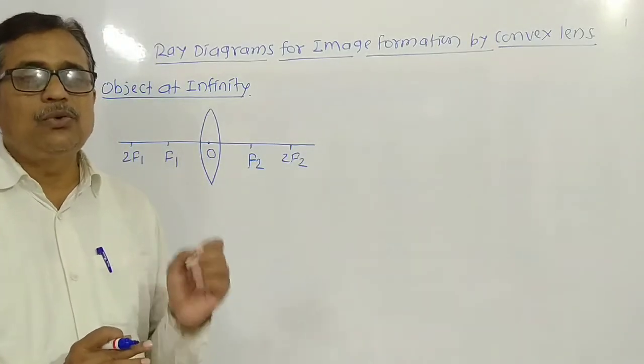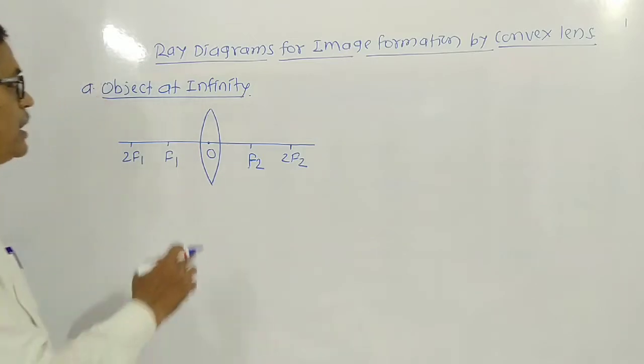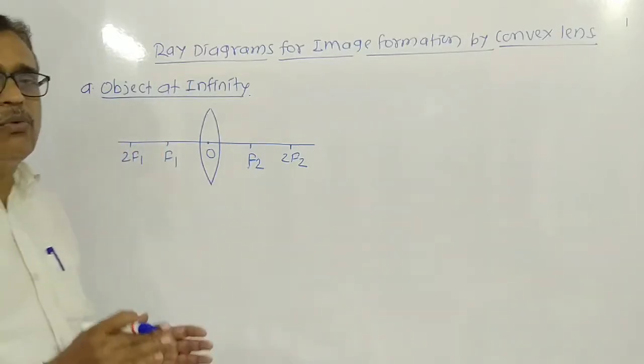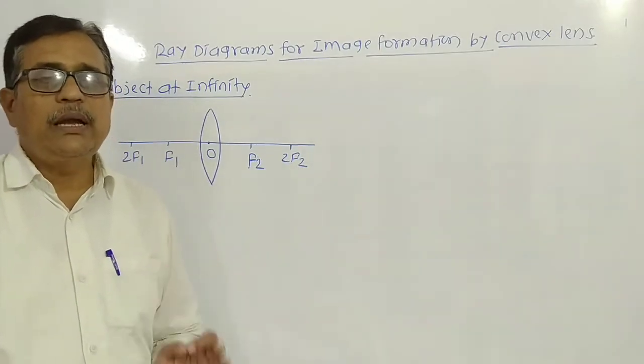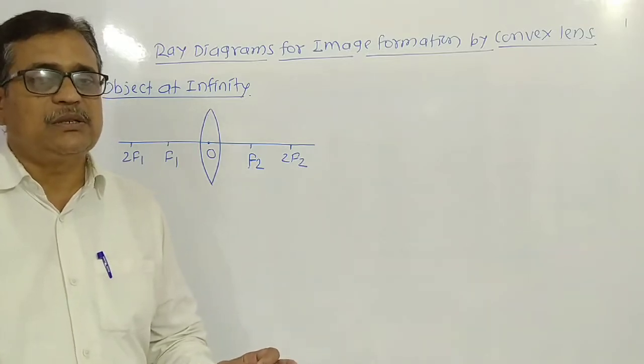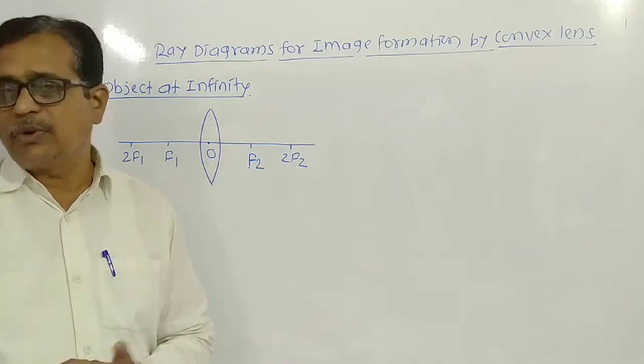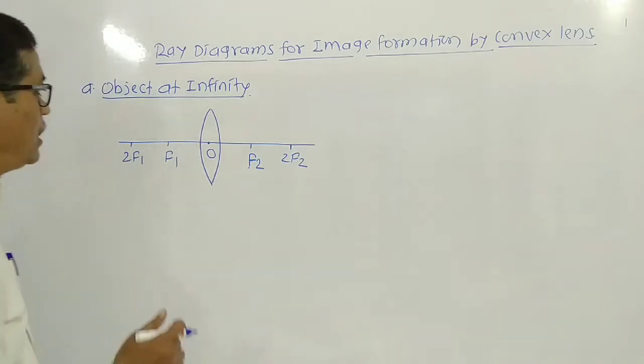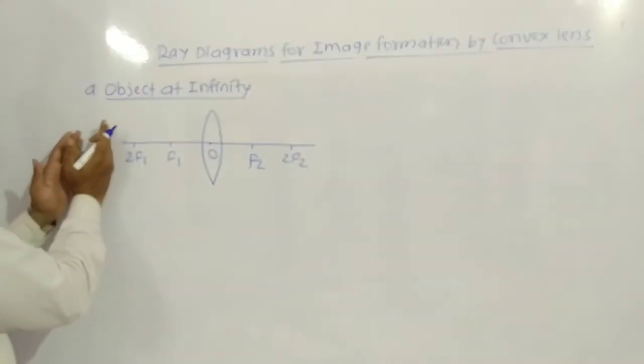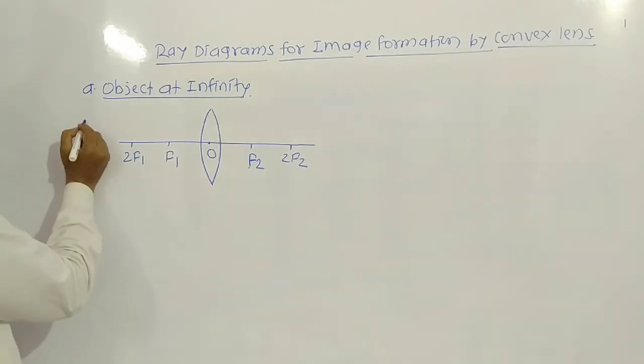Look here, we can use only the first rule in this diagram, and what is the first rule? When a light ray is parallel to the principal axis, the refracted ray passes through the focus. Object at infinity means it is far away from the principal axis.